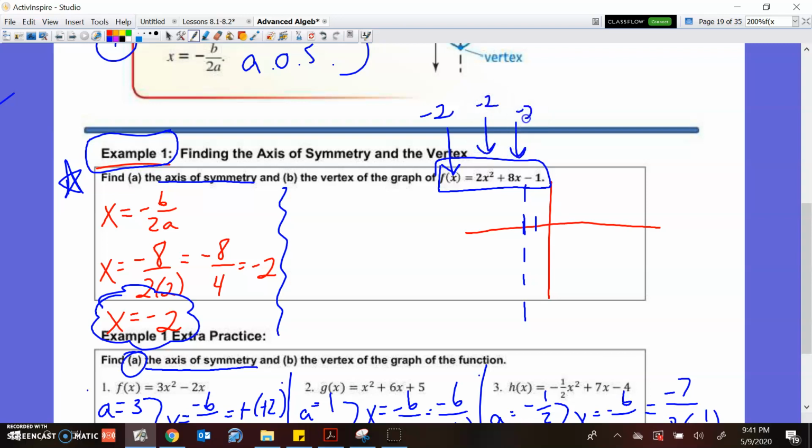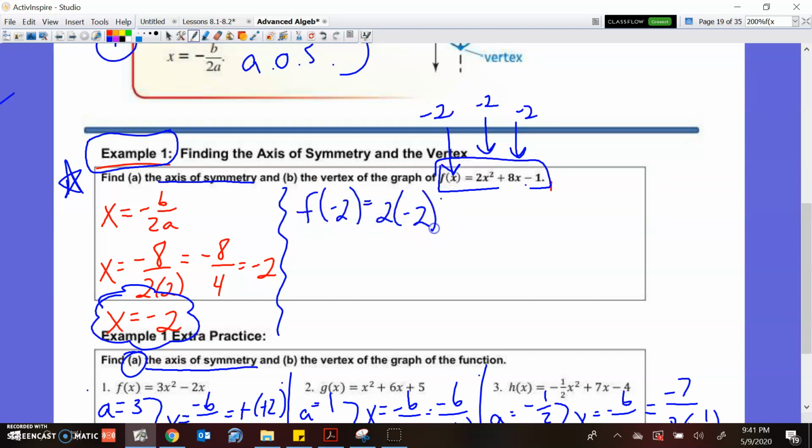Okay, and if you remember function notation, we write it like this. Let's erase this graph too so we don't feel confined. When we write it, we say f of negative 2 equals 2 times negative 2 squared plus 8 times negative 2 minus 1.